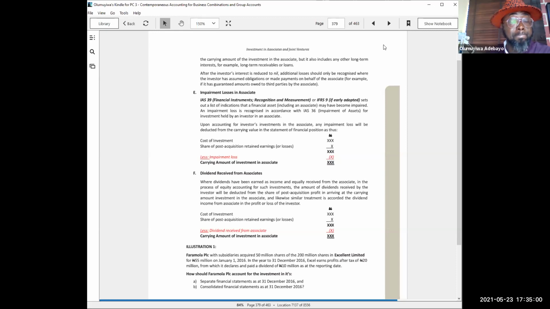So in that case, what happens then is your investment in associates can go towards negative, which means you'll be recognizing it no longer as an investment, but it's now an obligation.